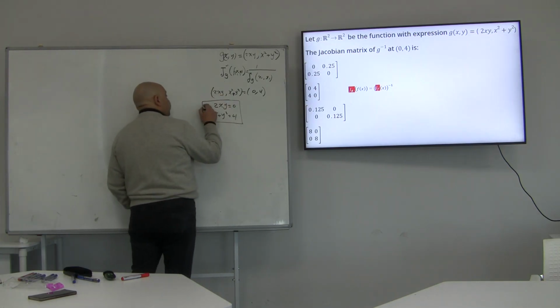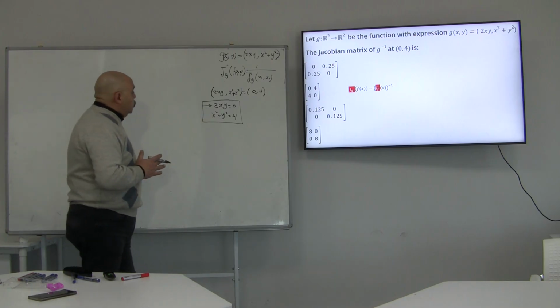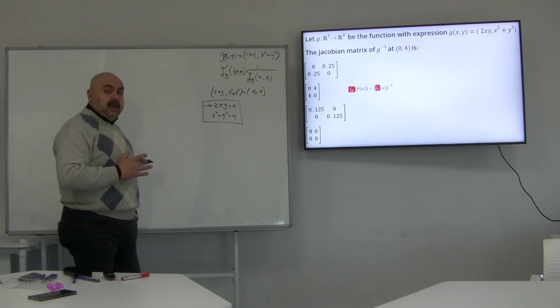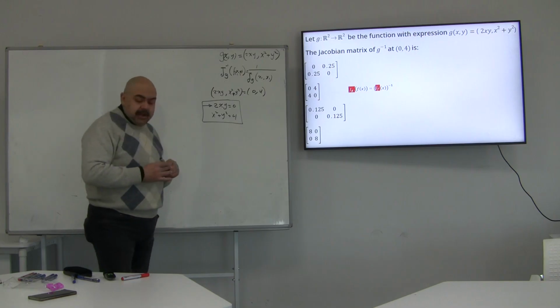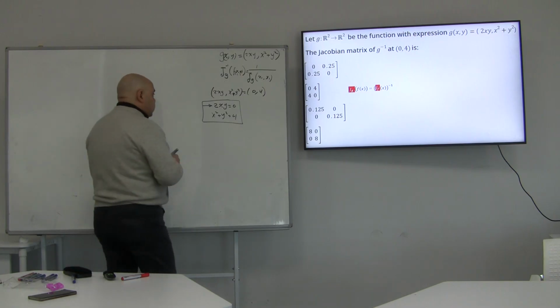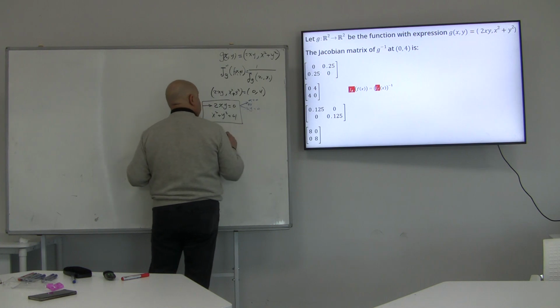I will start with the first equation because it's a nonlinear system. So I have xy equal to 0. So either x equal to 0 or y equal to 0.